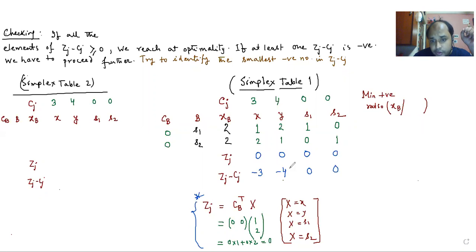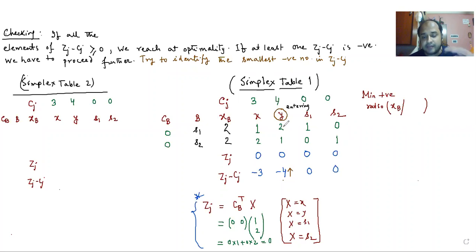We are going to put an arrow mark like this over here. This arrow mark means this variable y is called the entering variable. Why is it called the entering variable? Because this variable is going to enter into the basis now.